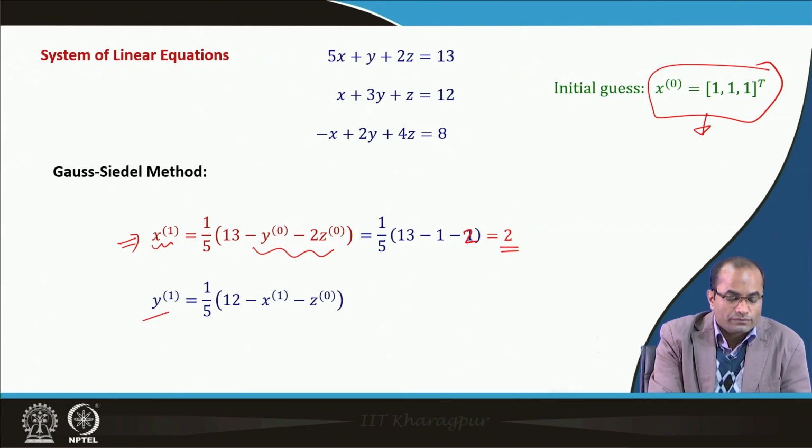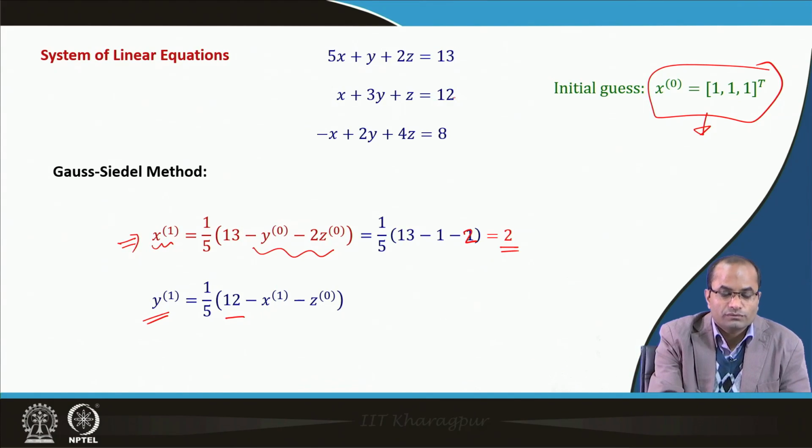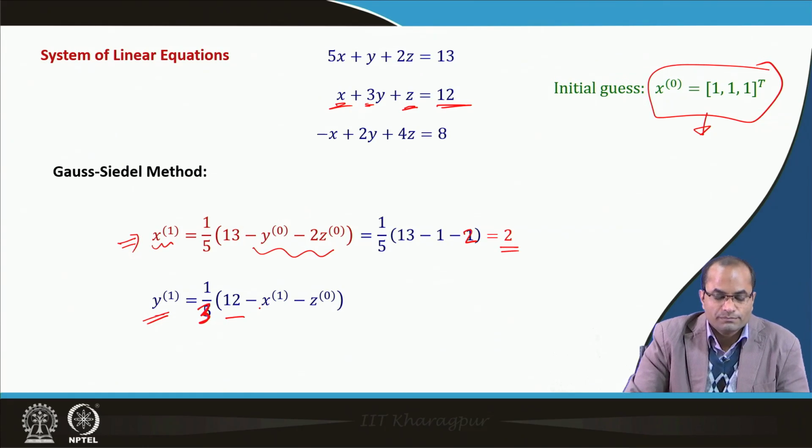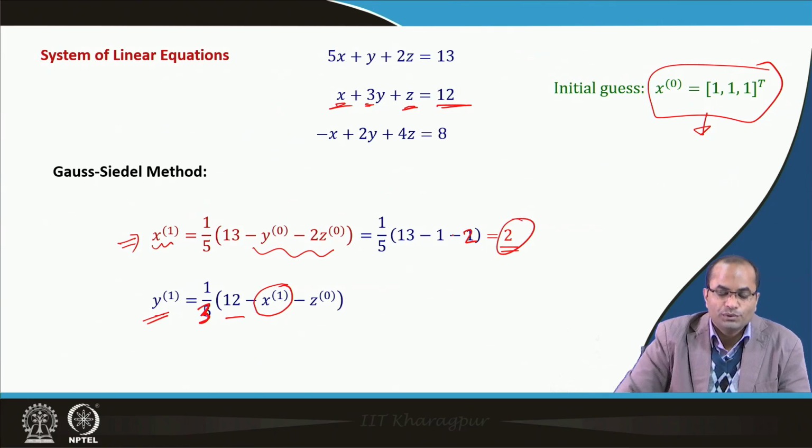Now, when we come to this y, we have 12 minus this x and minus z and divided by this 3 there. So, here we have slight difference, because now we will be using x 1 which we have just computed here.